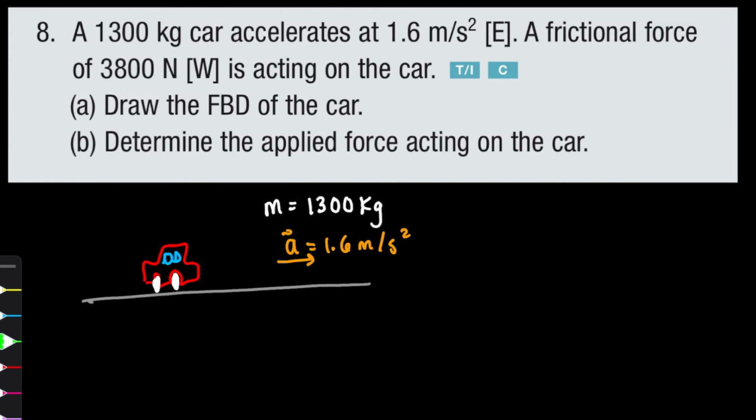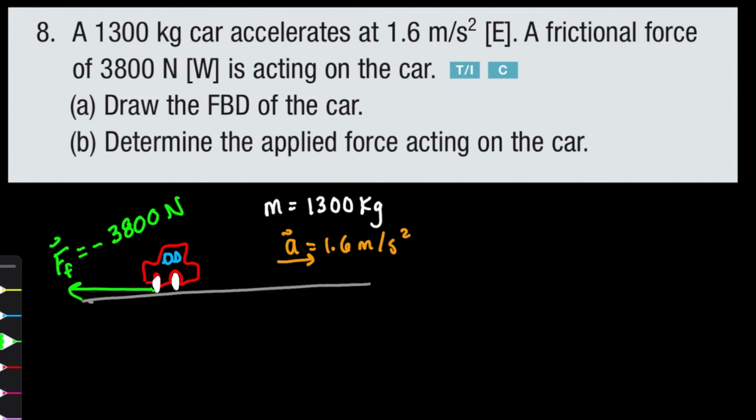And they also tell us that there's a frictional force of 3,800 newtons west. F friction, and we're going to take west to be negative, so we could write negative 3,800 newtons.